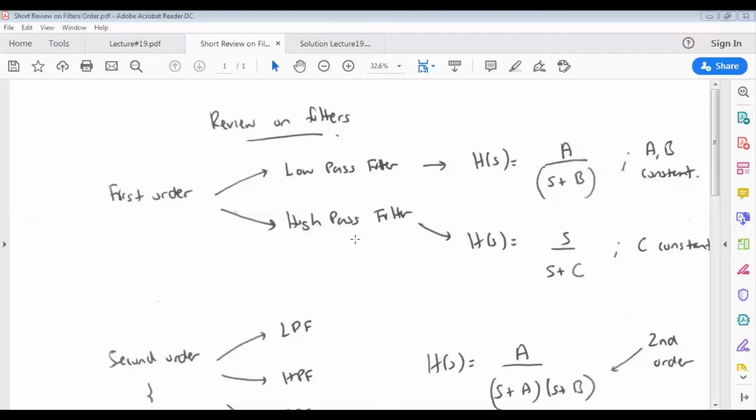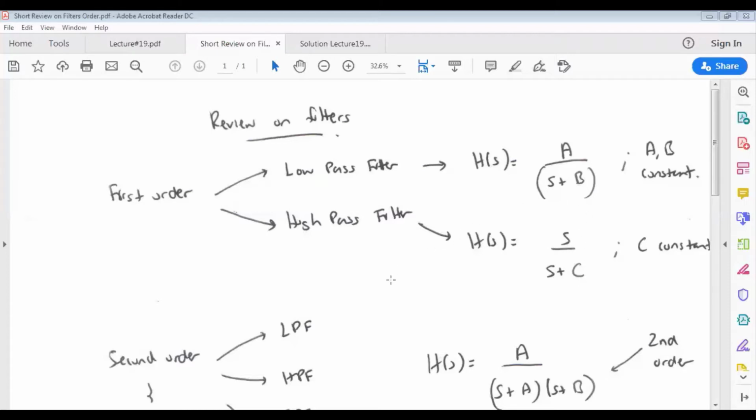And if we go for the high pass filter, the transfer function will be S over S plus C. There should be one zero and there should be one pole. So we can see that for the first order type, for both low pass filters and high pass filters, we are supposed to have one pole only for the transfer function.